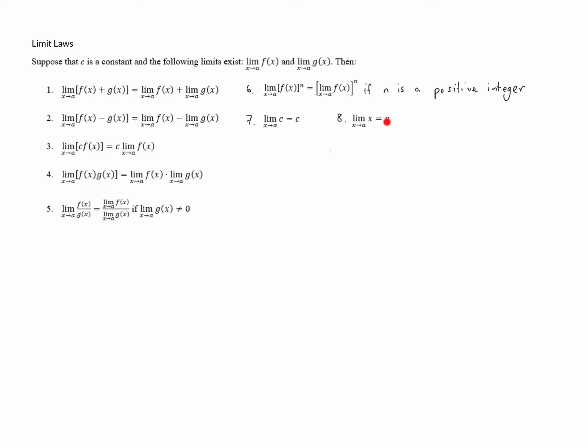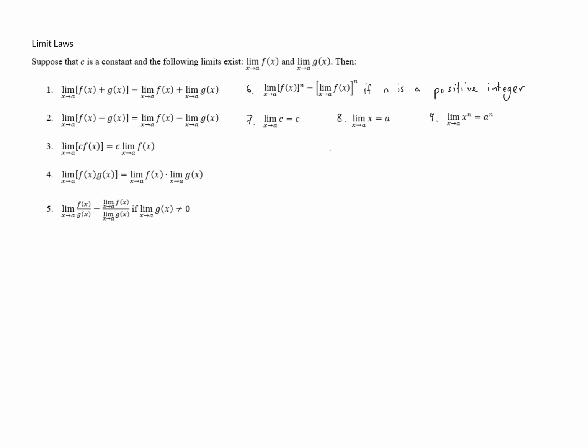Well, obviously it's getting closer and closer to a. So the limit there is a. And if we take this number 8 and we put it in as our function for number 6, then we end up having another one that says the limit as x approaches a of x to the n is going to end up being a to the n.